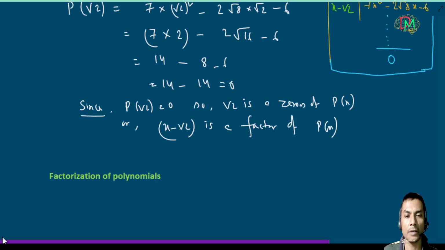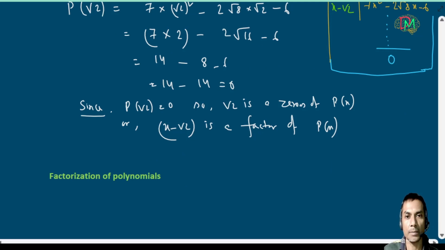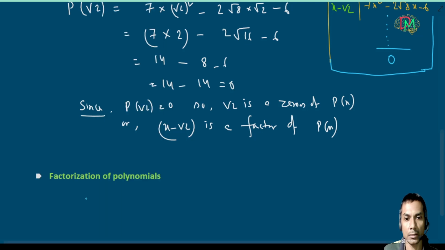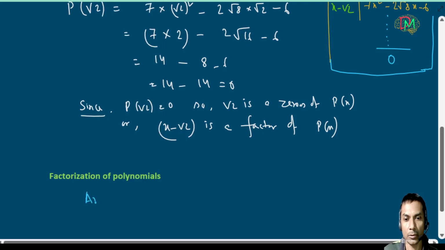So now we learn the factorization of polynomials. Let's take one general example. Suppose ax squared plus bx plus c is a polynomial p(x). Then it can be written as the product of x minus a and x minus b.